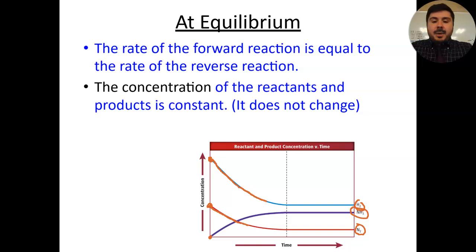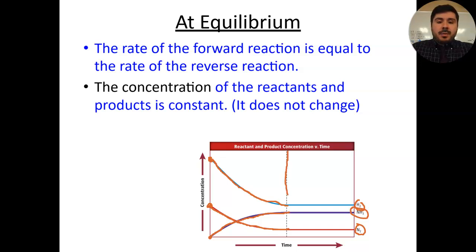At the same time as they go down, NH3 is constantly being formed, and its concentration is constantly going up. Then there's a certain point where the concentrations essentially hit a breaking point, where they end up being unchanging or constant, right?